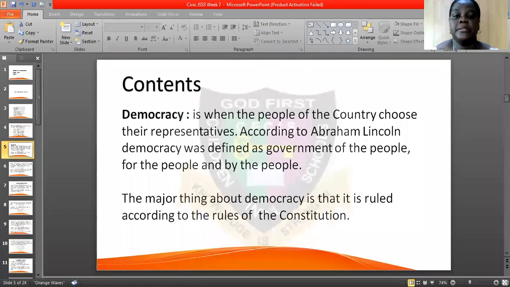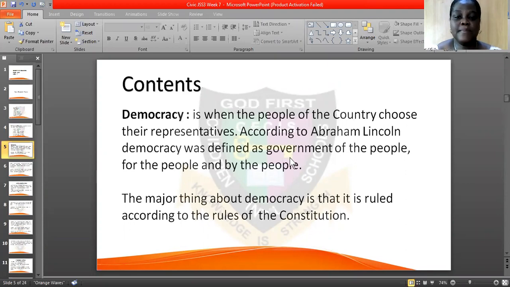Let's continue from where we stopped. Democracy, like I said, is the government of the people, by the people, and for the people. That was according to Abraham Lincoln. And I said that when the people of the country decide to choose their representative, that can as well be said to be democracy. Democracy is centered about people.